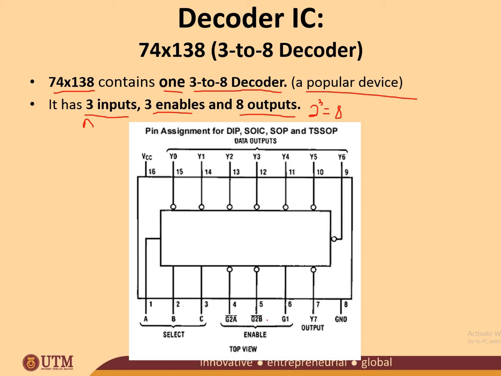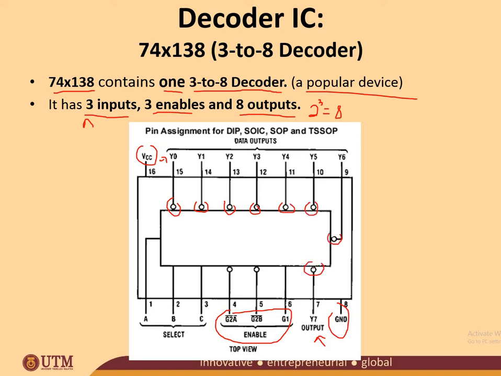We have 3 enables functioning, and this is our select input, and this is our output. We have a lot of outputs from Y0 until Y7, and this is your supply voltage and this is your ground. You see it is an active low output because you have bubbles at your output.